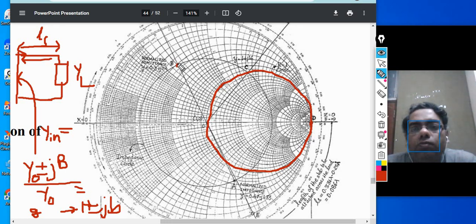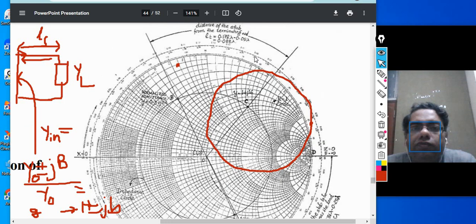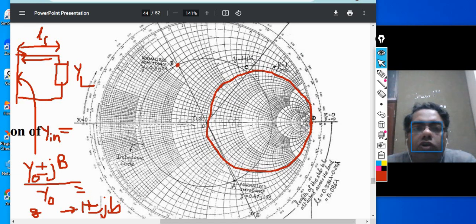So we have to move from this towards g equal to 1 circle. That means we have to move clockwise towards generator. We have to move clockwise along the constant VSWR circle only to the point which is g equal to 1.